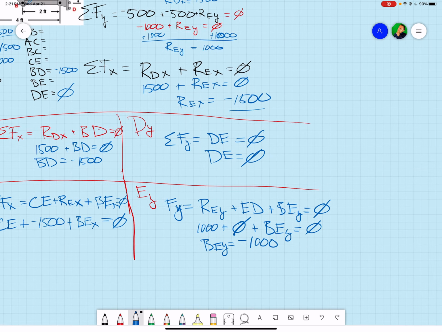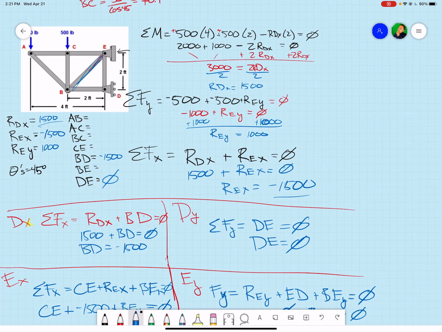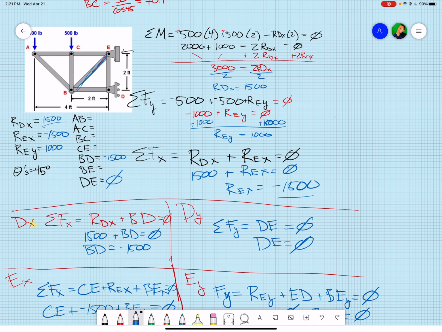Now, if we look at this triangle, we have BEY like that. If that's BE, BEY is going to be BE times sine of the angle, and we know the angle is 45.